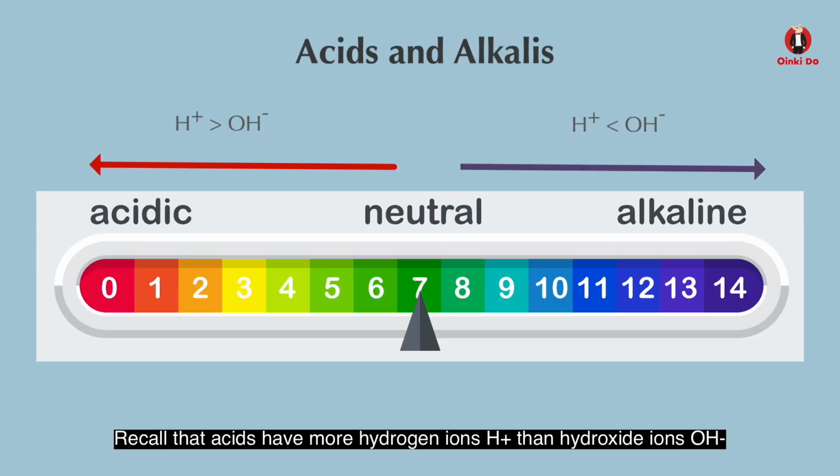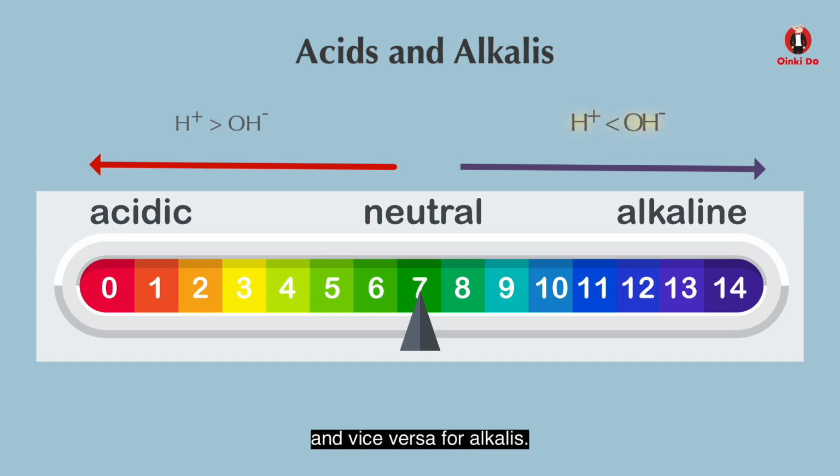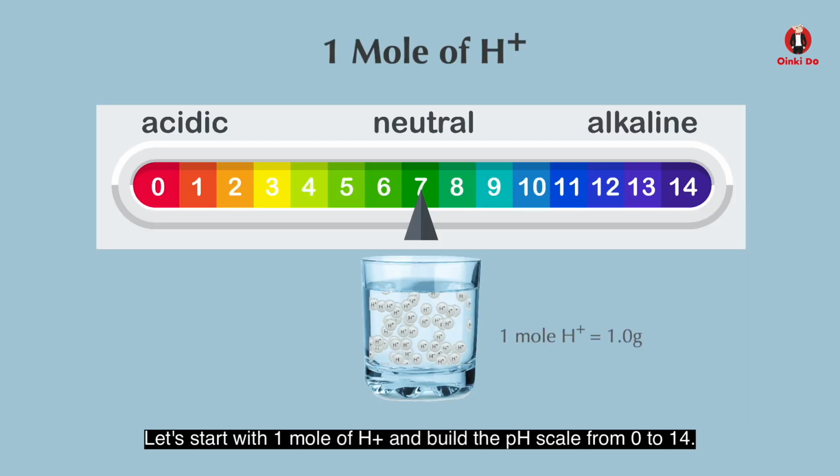Recall that acids have more hydrogen ions H+ than hydroxide ions OH-, and vice versa for alkalis. Let's start with 1 mole of H+ and build the pH scale from 0 to 14.